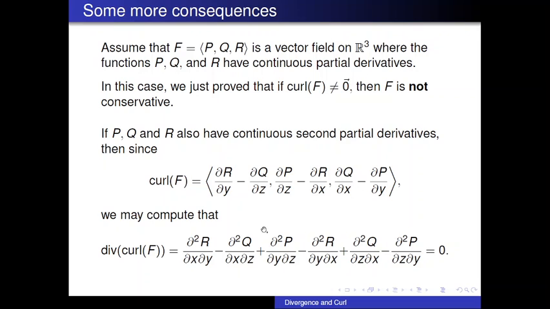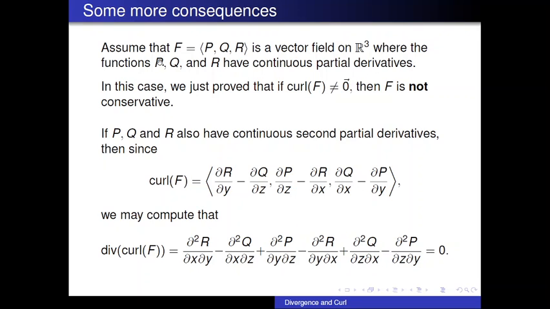What that gives us is, again, a bunch of mixed second partial derivatives, and it looks like they go together in pairs. If we have the second partial derivative of Q first with respect to y, then with respect to x, we have over here minus the second partial derivative of R first with respect to x, then with respect to y. They all go together in these opposite pairs like that.